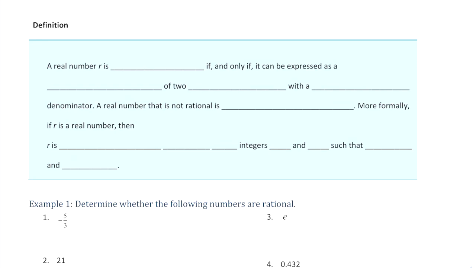Here we go. A real number R is rational if and only if it can be expressed as a quotient of two integers with a non-zero denominator. A real number that is not rational is irrational.